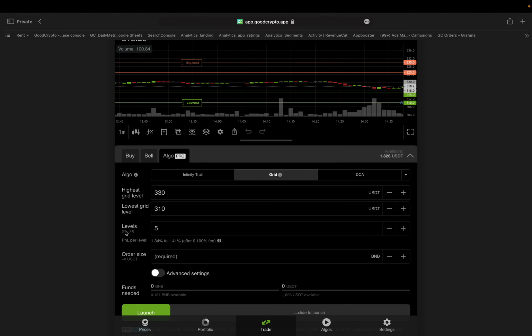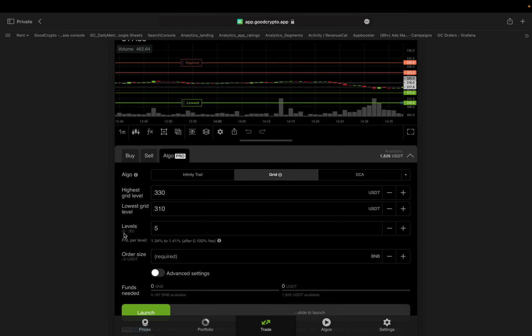Then we have levels. That means how many grid levels you can actually set here. That is the maximum number of orders that the grid will be placing inside those grid boundaries that you defined earlier. As you can see here, a grid can have a minimum of 2 levels, because if there is just one level, one order, it's not a grid, it's not an algo, it doesn't make sense.